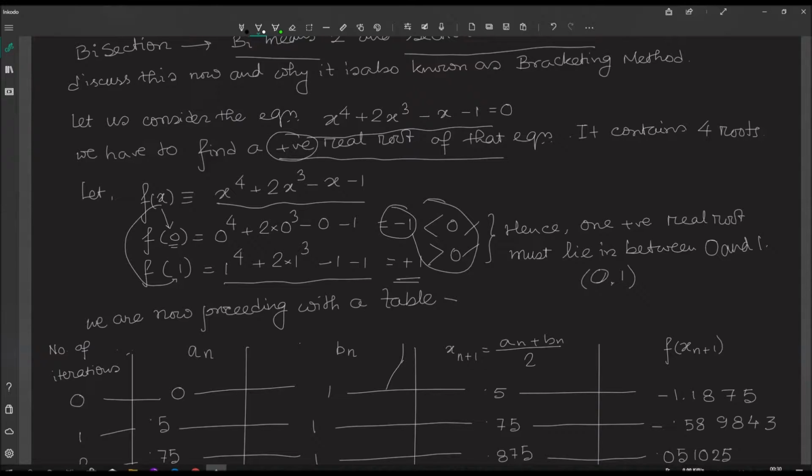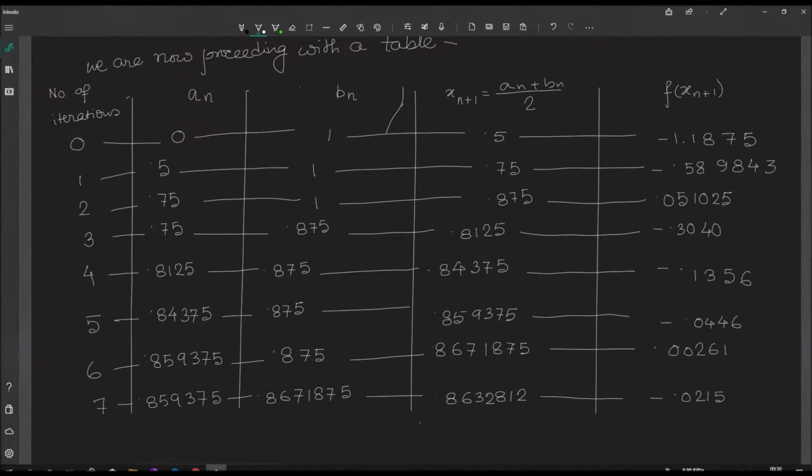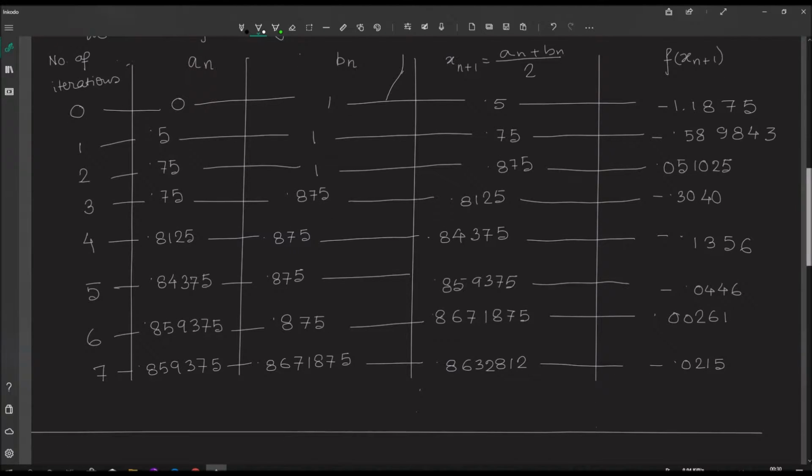We are now proceeding with a table. This is the bisection method, which is a method of iteration. We are starting from the first iteration, where we are considering a_n as 0 and b_n as 1.